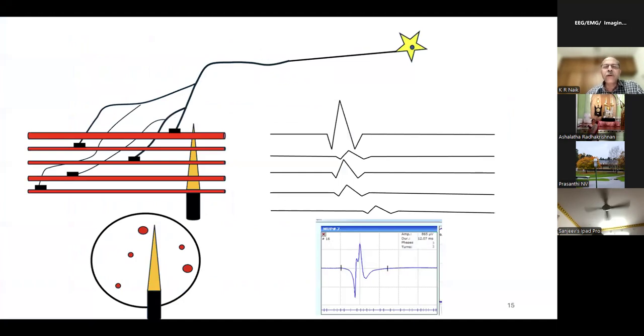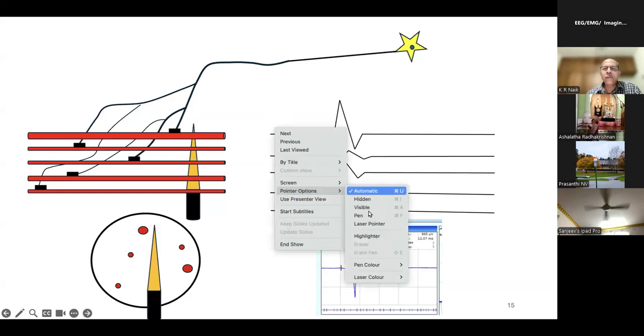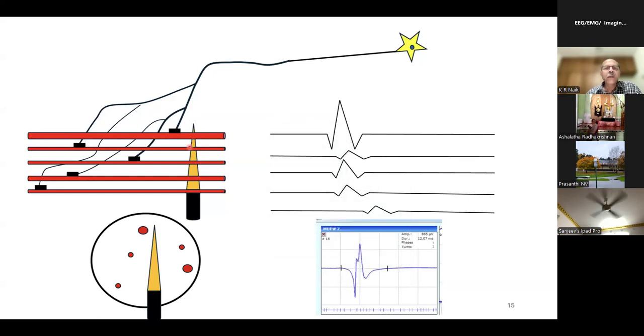So a very brief highlight regarding the EMG. You are putting the needle into the muscle. When you look at this, all muscle fibers from the side. So we have the needle electrode, you have multiple muscle fibers, and in the cross-sectional area, the relation of these muscle fibers is some of them are near, some of them are far.